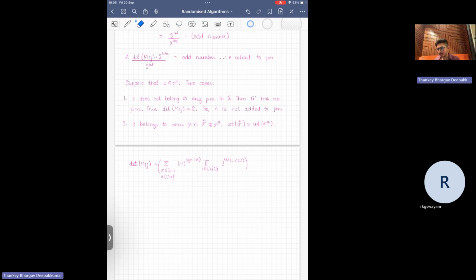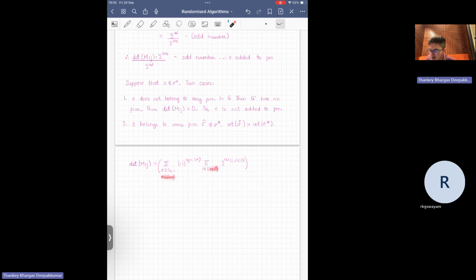So my claim is that the determinant of Mij looks like this. Let's parse this. What does the determinant of M look like? I just need to remove these two conditions. That will give me the determinant of M, right?